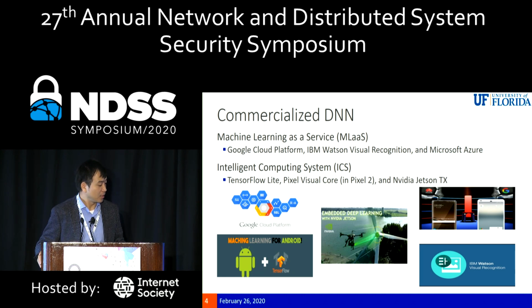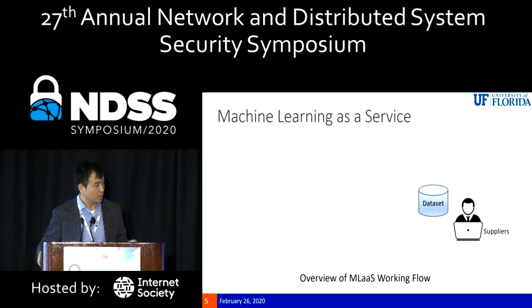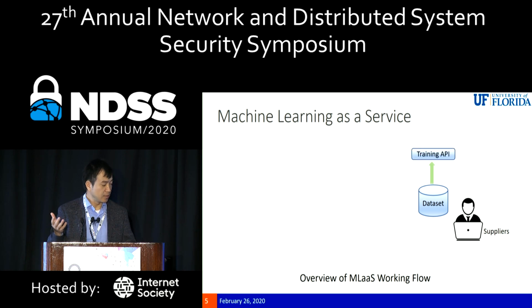And so the brief process is that as a user, or we call the supplier, you have a database of sensitive or secret or proprietary data. And the cloud is providing a training API.